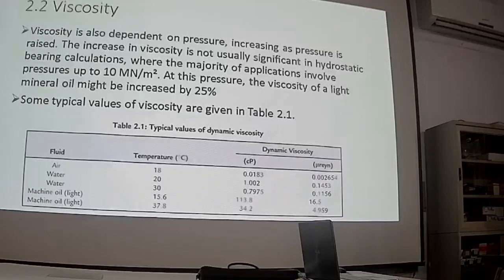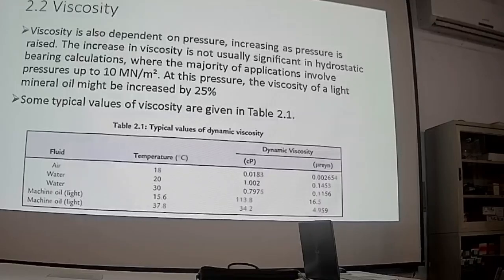This is important. When you operate at very high temperature, the flow capacity of your hydrostatic bearing will be reduced, because the load capacity of the hydrostatic bearing is proportional to the viscosity of the lubricant.